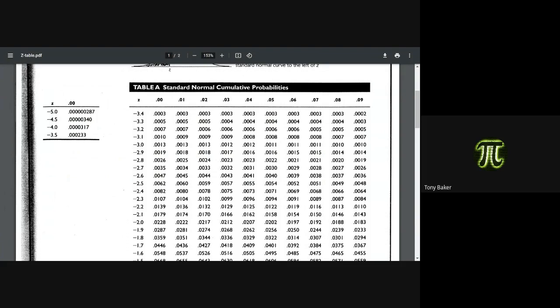So that is negative 1.76. So that right there, that's going to be my percentage. We've moved the decimal 2 places. So it's at 3.92%. It's bigger than 3.92% of all the golf holes at Augusta.